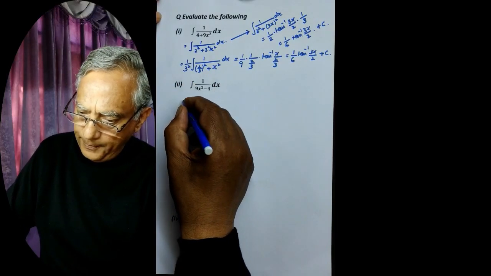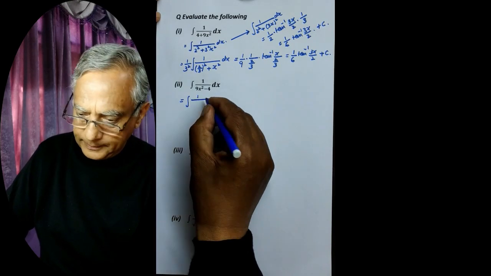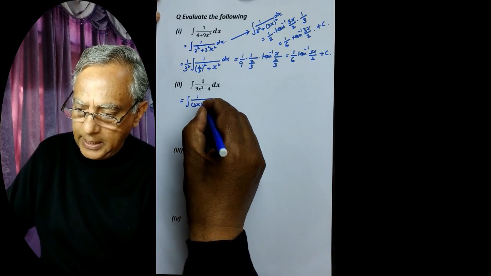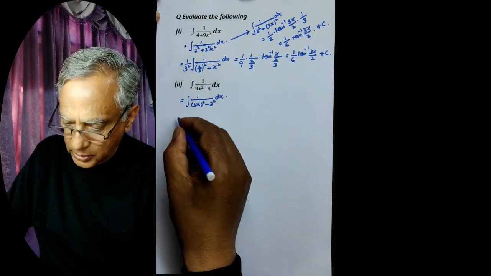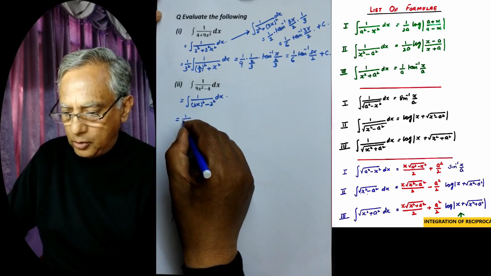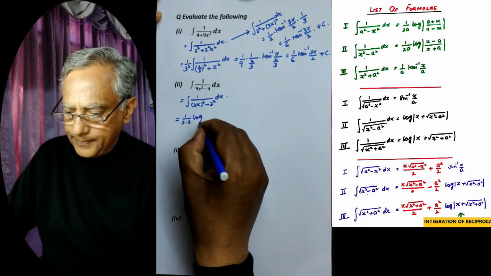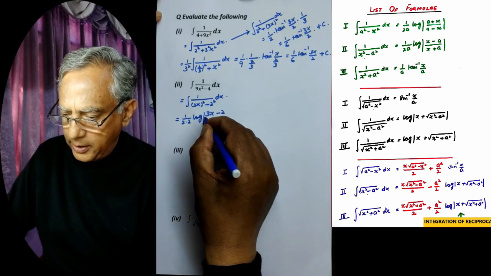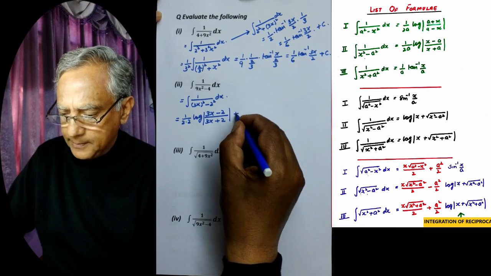And this is equal to integral 1 upon 3x whole square minus 2 square dx. So this will be equal to 1 by 2a, 2 into a is 2, into log of x minus a over x plus a, that is 3x minus 2 divided by 3x plus 2, plus c.